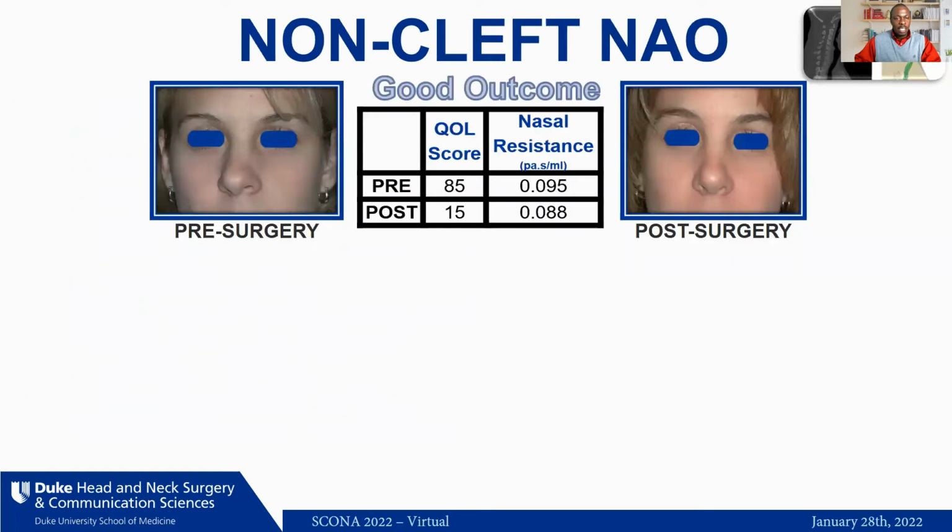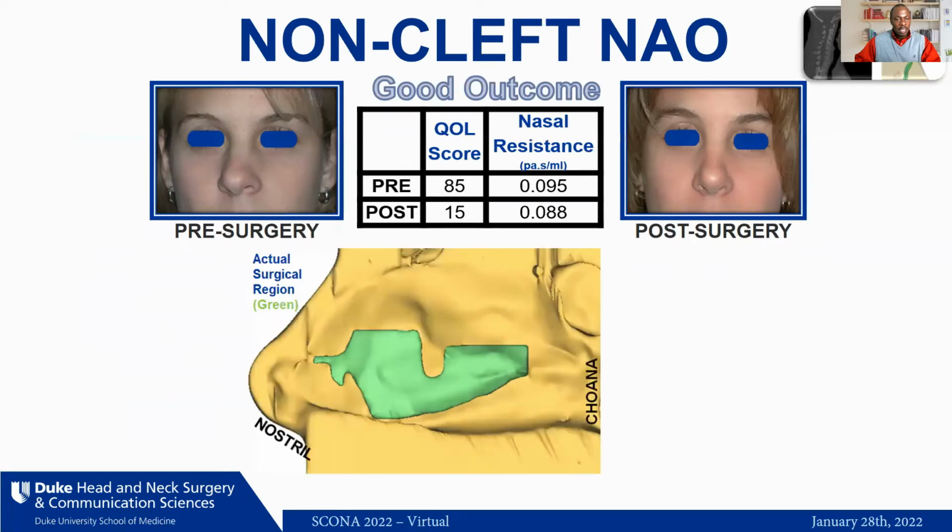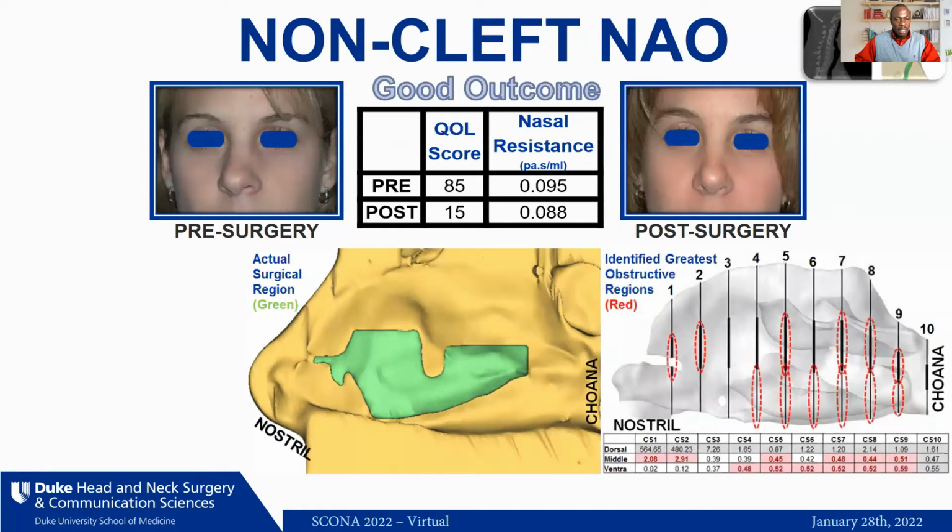Once again, here is a good outcome case we presented earlier. This is a soft tissue graphic of the patient's septal wall, with the green region showing the actual region surgery was done. Here is the more obstructed side of the nasal passage, showing the grid-like structure we created.